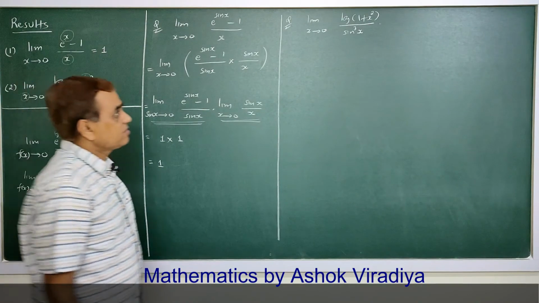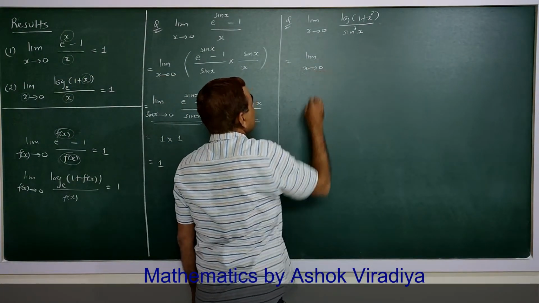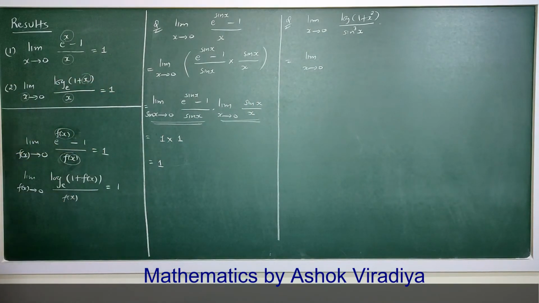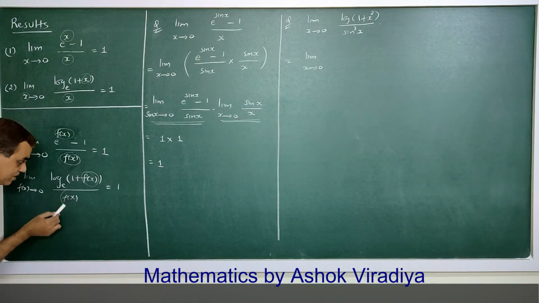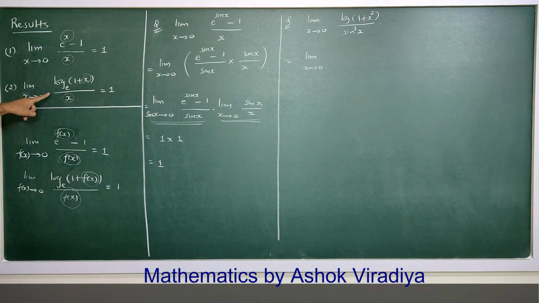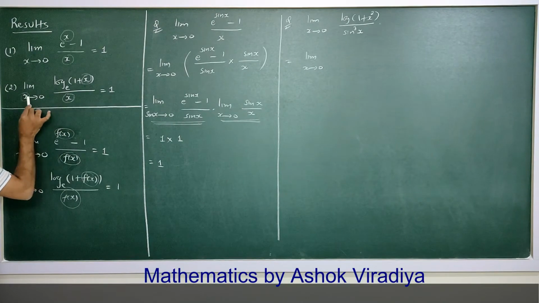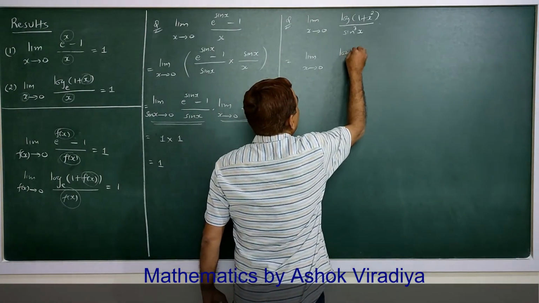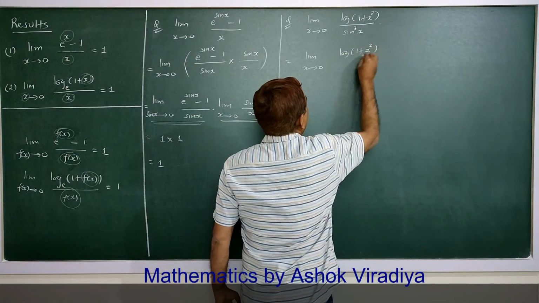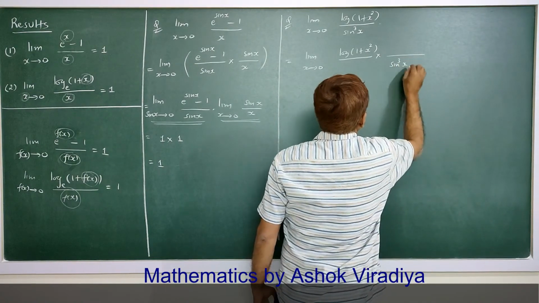In this question, limit x tends to 0, look at this pattern. Whatever is here, the same number must be here, and the same tends to 0, in the application of this result. So say here log of 1 plus x square, and I am putting sin cube x inside.